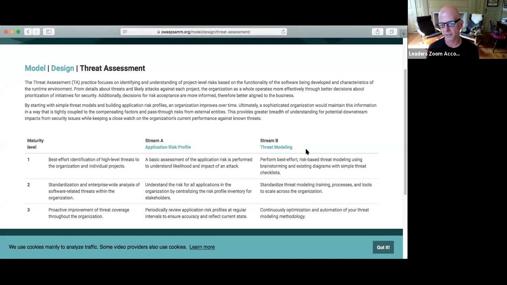And then understanding that will help drive, to some degree, the amount of effort that the organization is going to be willing to expend on other security related activities, including potentially threat modeling.